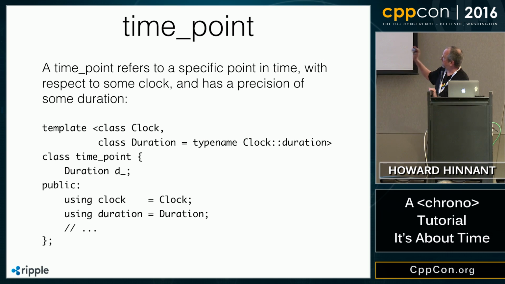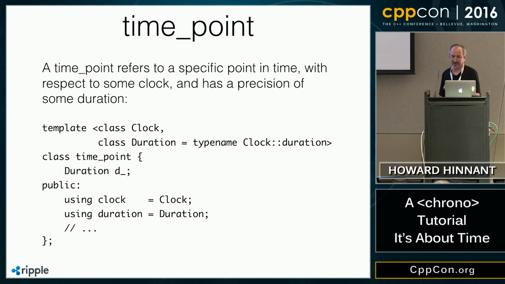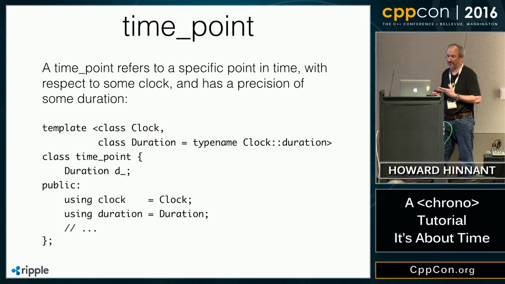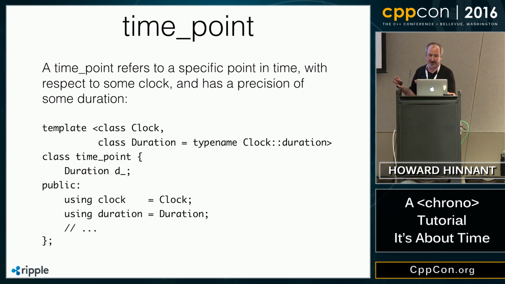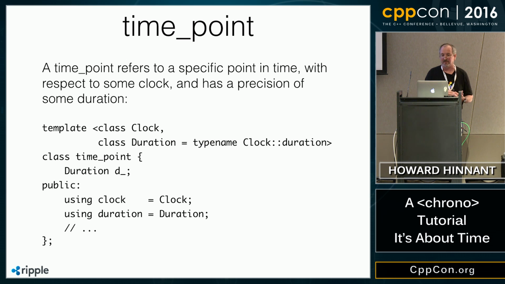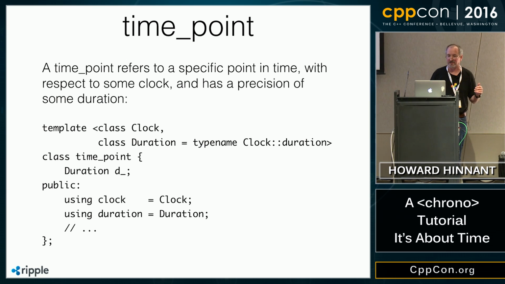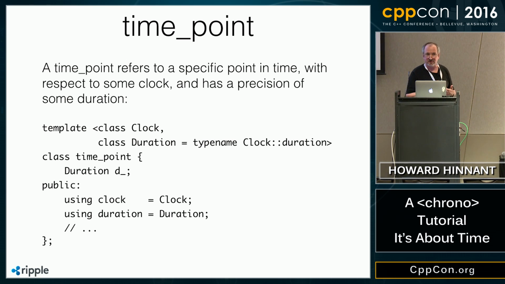So there's a time point templated class. This is exactly what it looks like. I'm not lying to you this time. The first template parameter is going to be a clock, and I'll explain more of what clocks are in a minute. They're not complicated at all. And the second template parameter is a duration that defaults to the clock's duration nested type. And the only thing that gets stored in a time point is the duration itself. The clock is not stored.